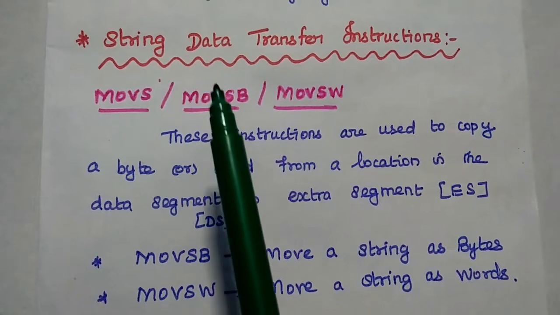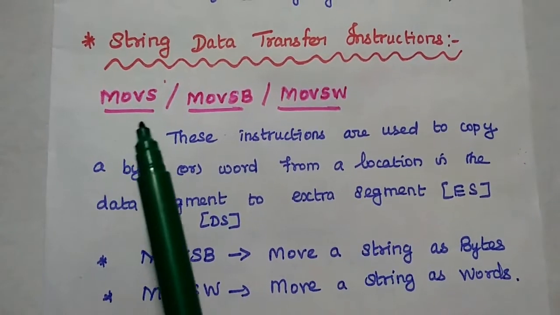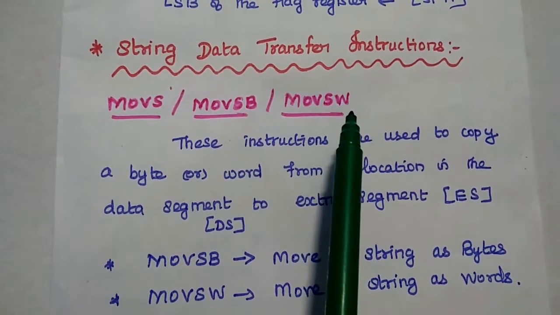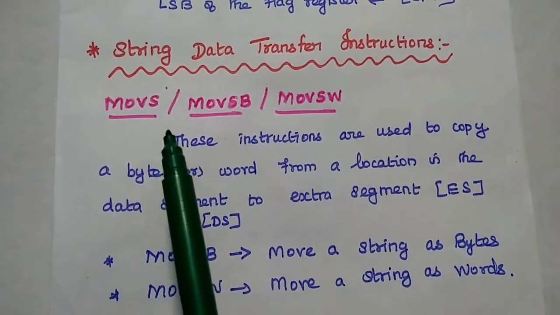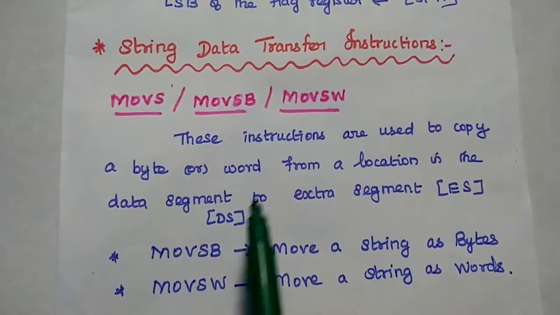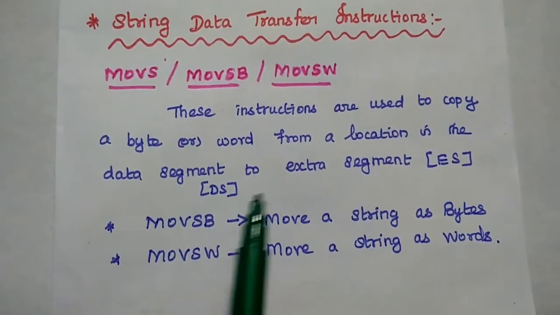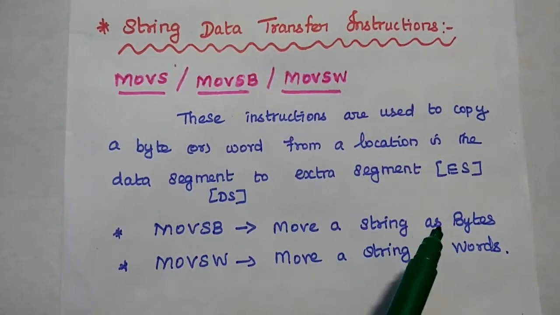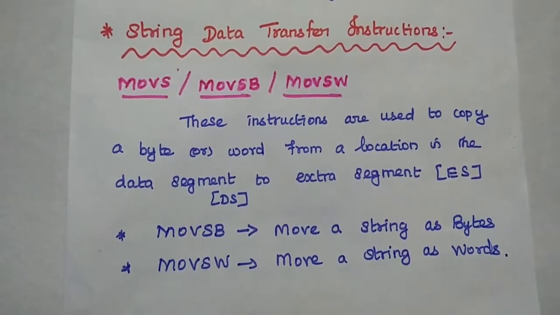The next type is string data transfer instructions. These are denoted as MOVS, MOVSB, MOVSW. Here S represents a string data type. These instructions are used to copy a byte or word from a location in the data segment to the extra segment. SB represents moving a string as bytes, and W represents moving a string as words.